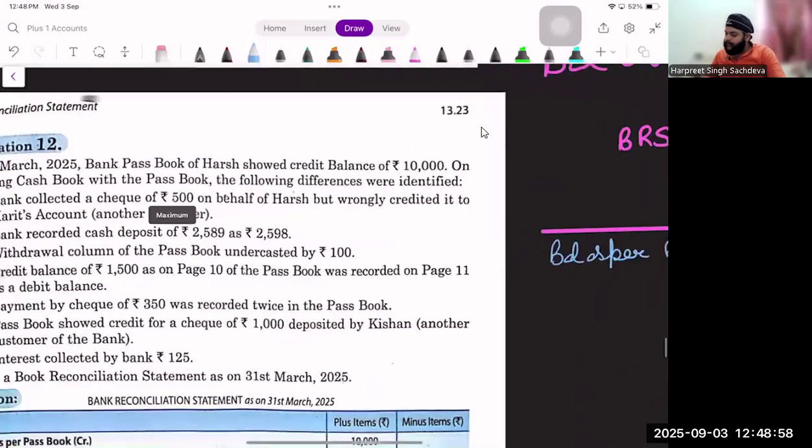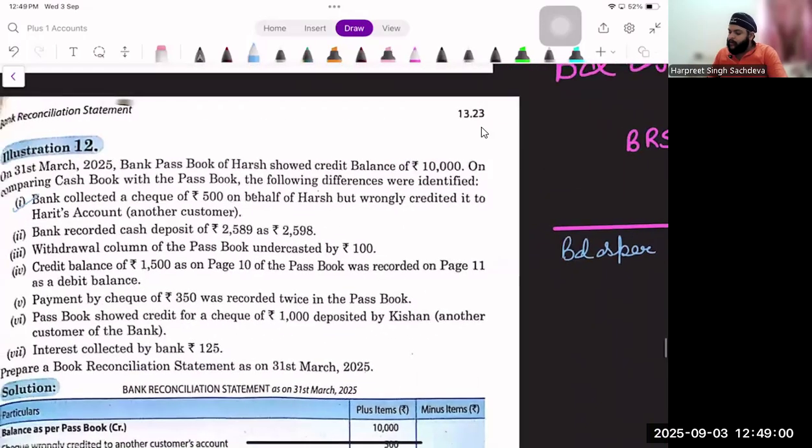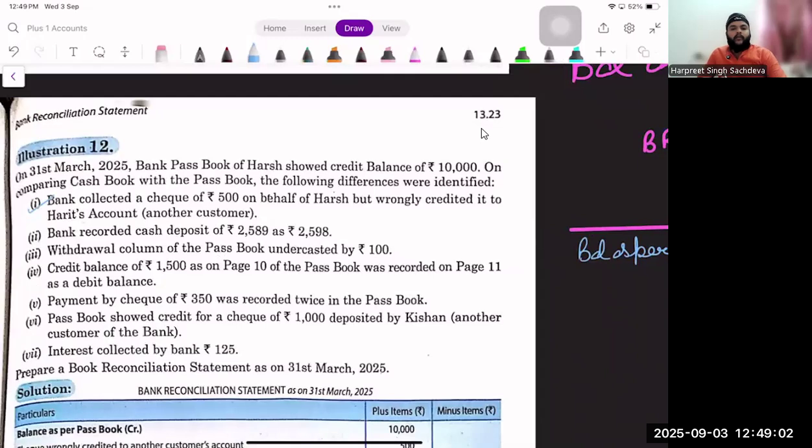After that, first point: the bank collected a check of rupees 500 on behalf of Harsh but wrongly credited it to Harit's account.